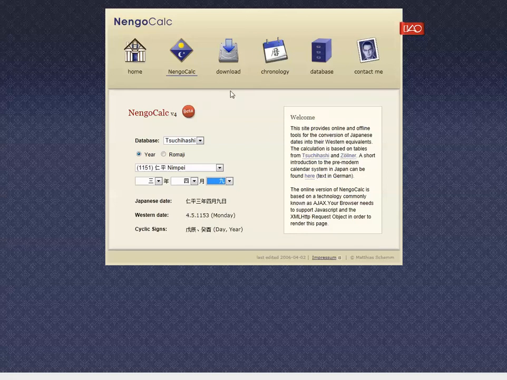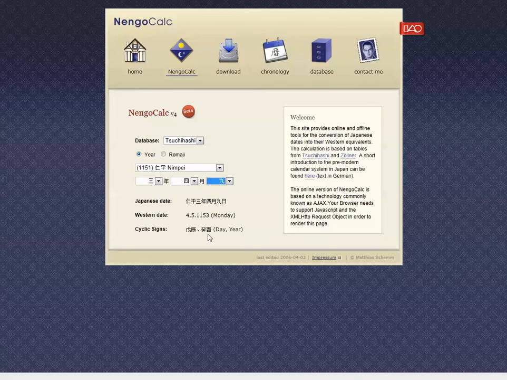This Nengo Calc was originally put together by a German man, so you have to keep in mind that these are done according to that sort of more traditional European order. And then it gives us the cyclic signs. So that particular day, which was a Monday, had this cycle, and that particular year is assigned that cycle. Okay, so far so good.